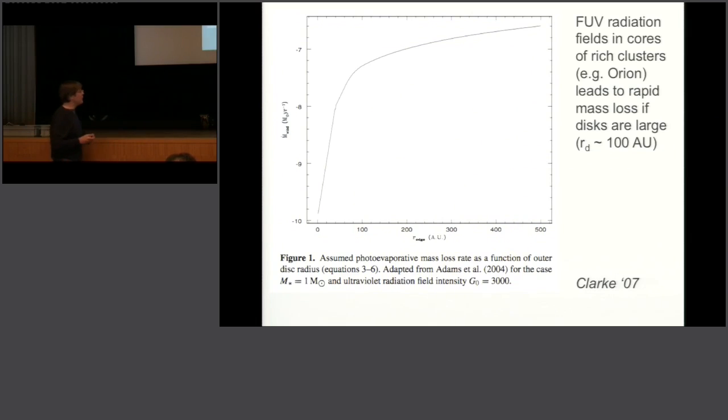Okay, so let's just show some results from people who've calculated some of these processes. So if we think about FUV radiation in the core of rich clusters, that leads to rather rapid mass loss, particularly if the disks are large. So there's obviously a distinction here. If we illuminate the disk from the central star, the strength of the illuminating radiation field will fall off as we move to greater distances.